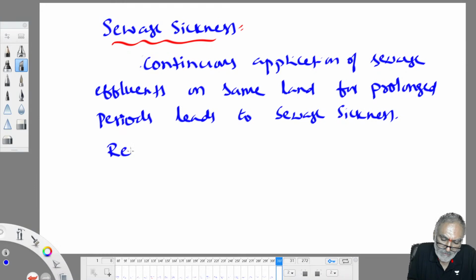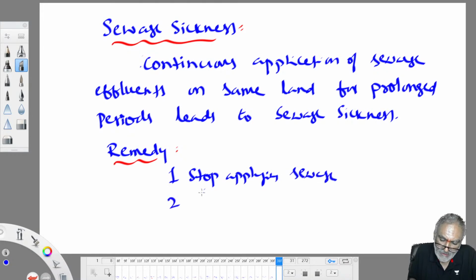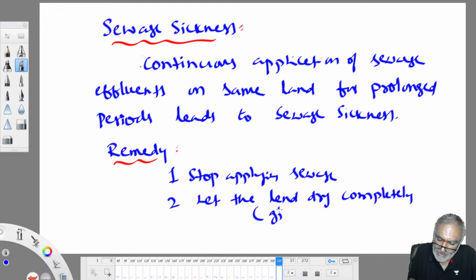Then how to revive it? Stop applying sewage for some time. Let the land dry completely. That means give rest to the land.